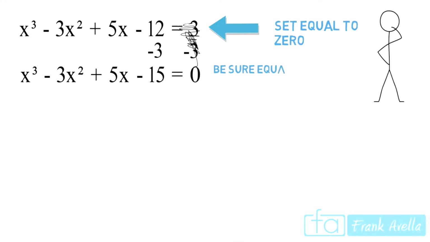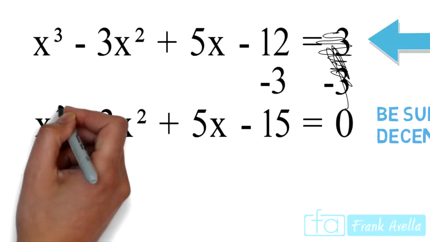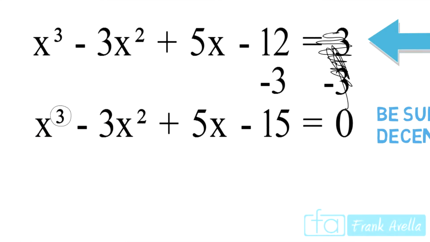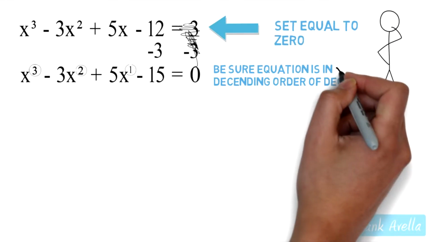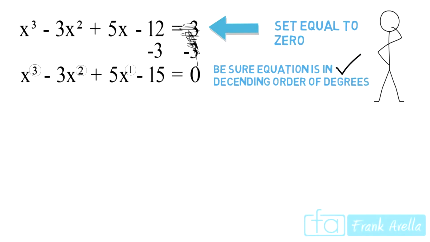Now, before going forward, be sure the equation is in descending order of degrees, meaning x to the third, x squared, x to the first, x to the 0 power. And we see it's x to the third, x squared, and x to the first power. So let's mark a check, because that's taken care of.